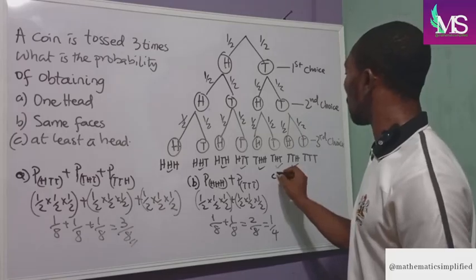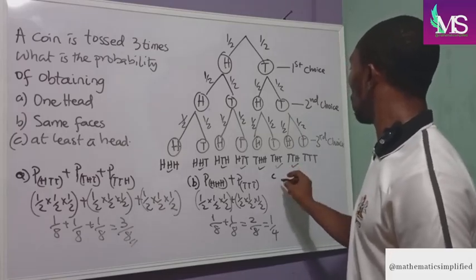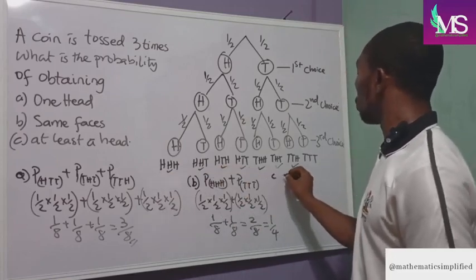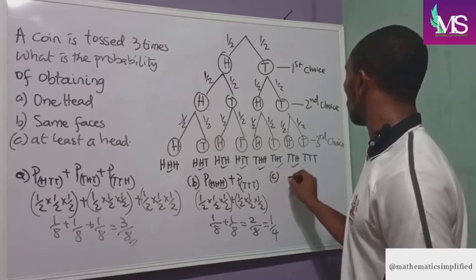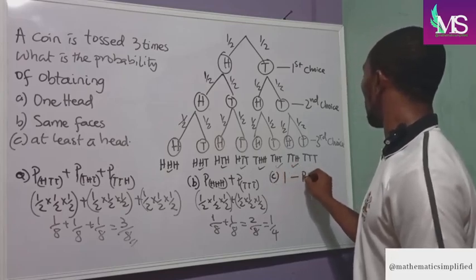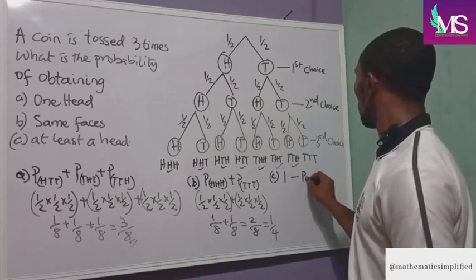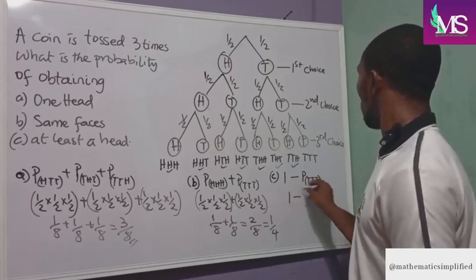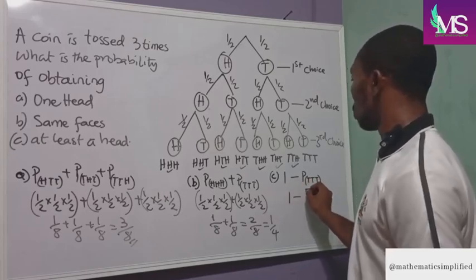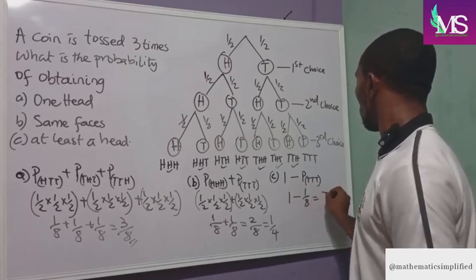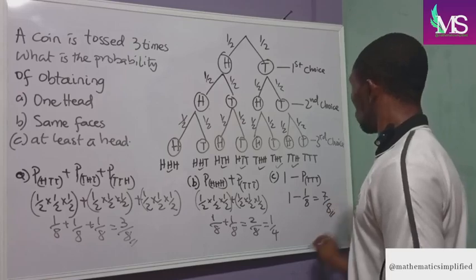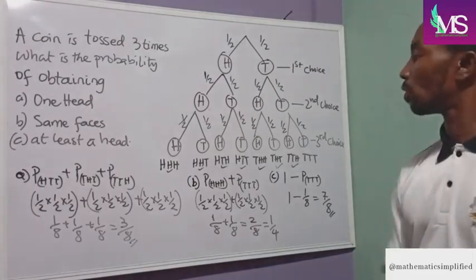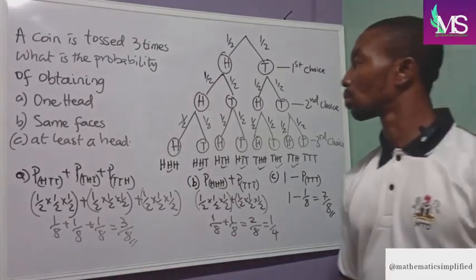So at least a head will become probability of all this, or we can do the probability of at least a head will be 1 minus probability of tail, tail, tail. So this will give us 1 minus 1/8, which will give us 7/8. So the probability of getting at least a head will be 7/8.